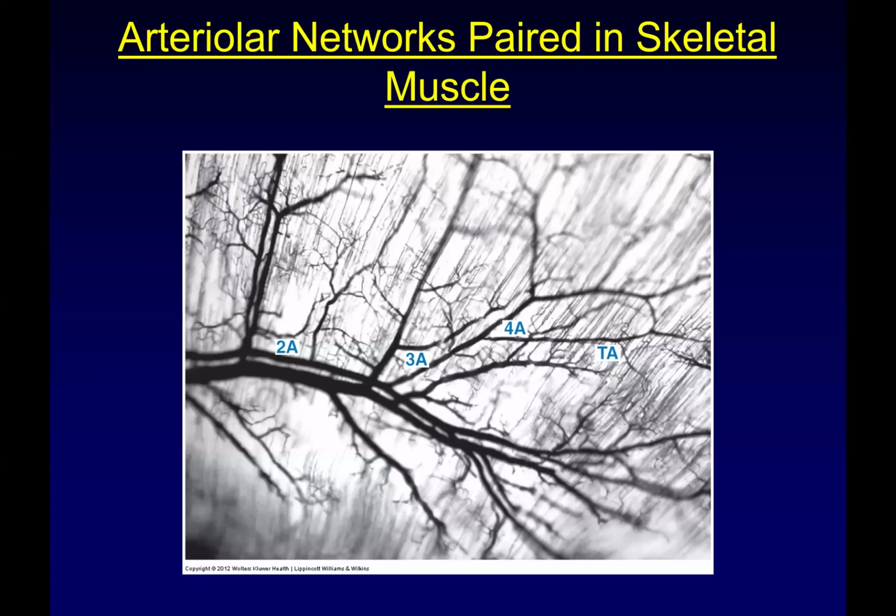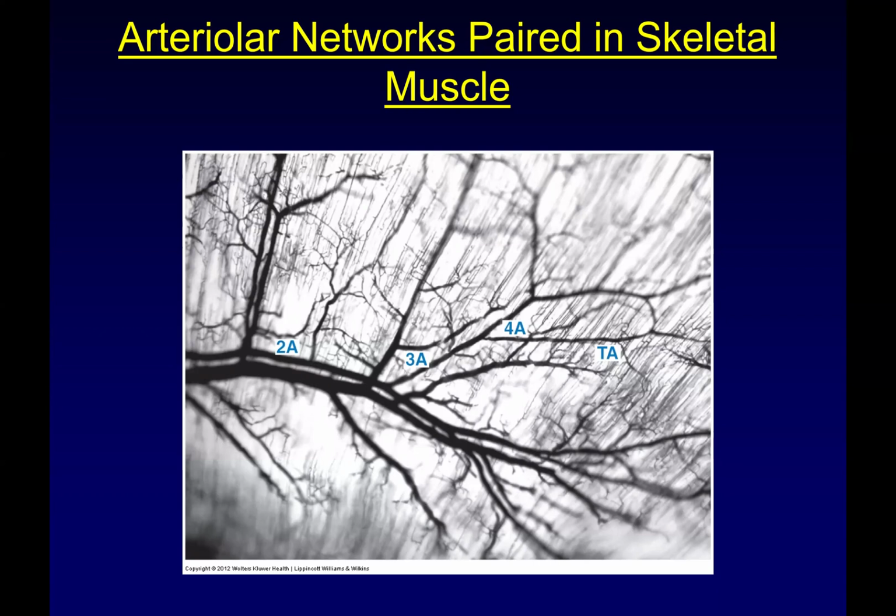Here's an arteriolar network. You can see skeletal muscle and things on the outside, but they put some dye in and then took a high resolution microscopic look. These large things here are arterioles, but you will note that an arteriole then becomes a secondary arteriole. They branch off of each other perpendicularly.